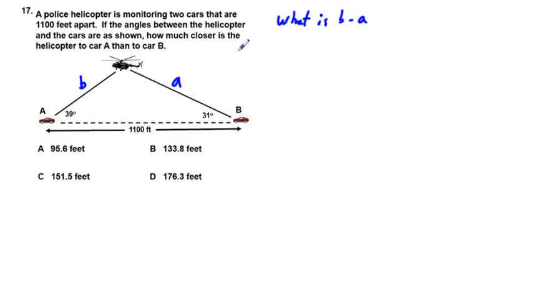So we're going to go ahead and investigate. For this, we have to use law of sines or cosines. Law of sines involves having an angle opposite a side. We don't have the angle near the helicopter, but we have the side opposite.